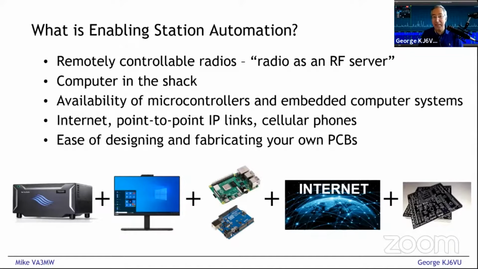Obviously, the internet plays a role as well, because if you're physically remoting stuff, you need some way to communicate between your control point and your station. So the internet and cellular telephones and even private point-to-point data networks, like putting in your own private point-to-point 5 gig Wi-Fi control channel, might be just the thing for you. A variety of communication channels. And lastly, if you want to build your own hardware, there are inexpensive PCB fabrication companies and free software, so you can design your own boards and have them fabricated.